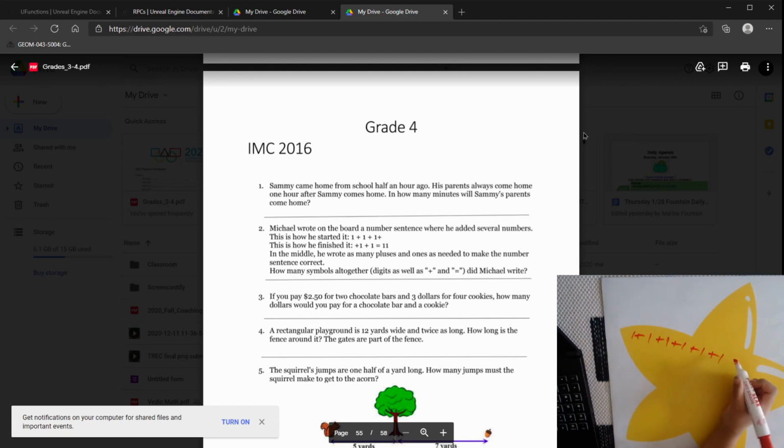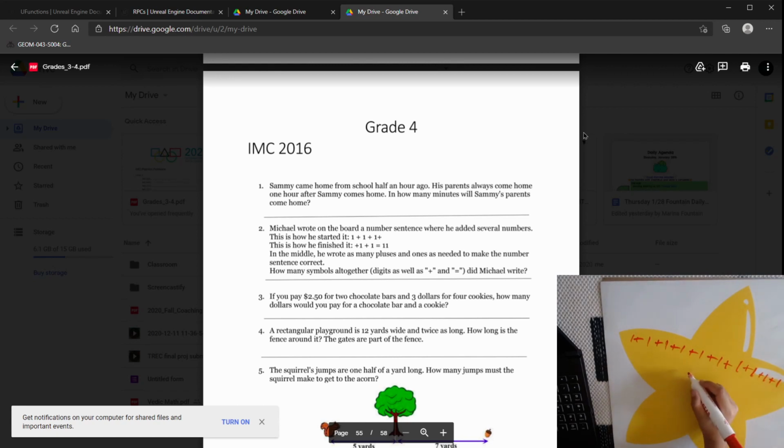That's 6 ones, so that's 7, 8, 9, 10. Oh, whoops, not 9 and 10. These are supposed to be 1s. 9, 10, and then this equals 11. Okay, so now we can count these digits.